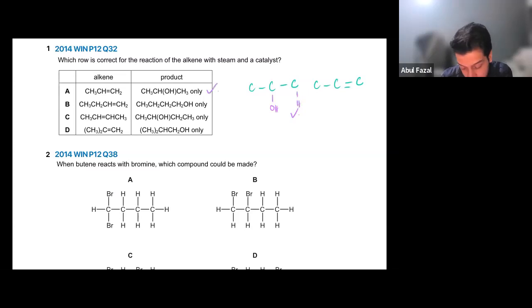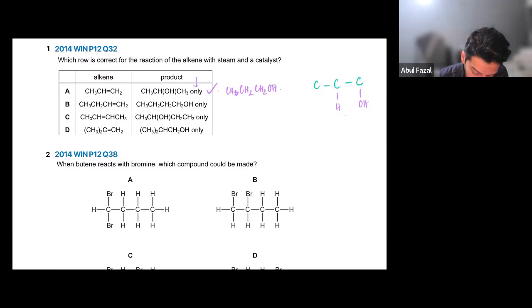However, the OH can also be connected over here. What's stopping it? So the reverse is also true. So another molecule will be produced, like this: CH3CH2CH2OH.